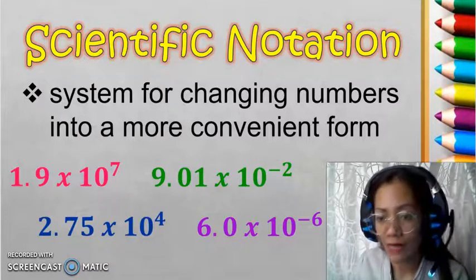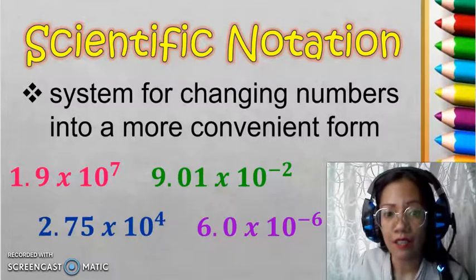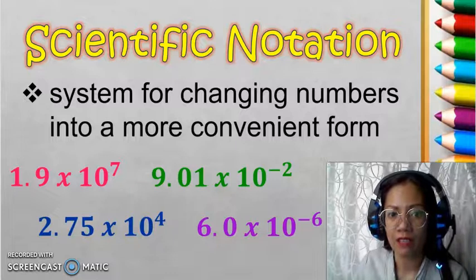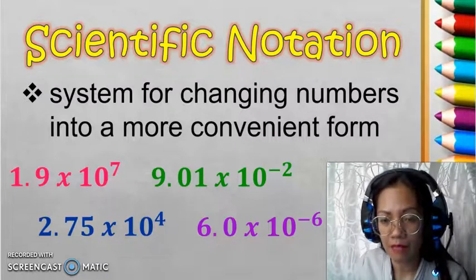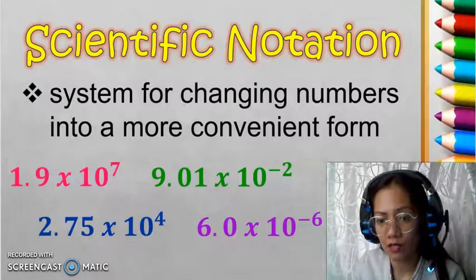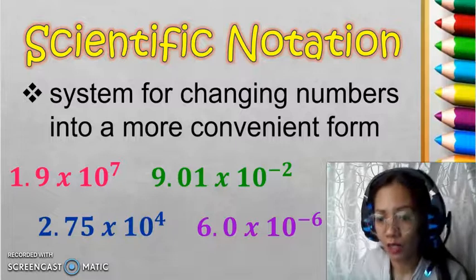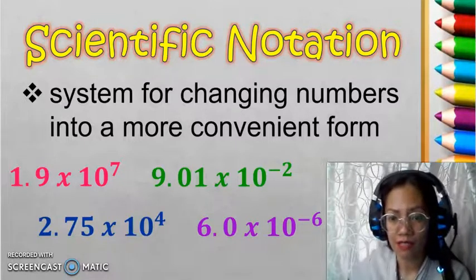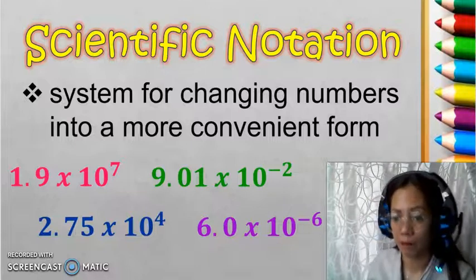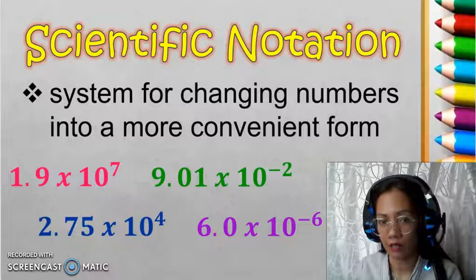These first two examples are very large numbers since, as you can see, the base 10 has positive exponents. Let's have 9.001 times 10 raised to negative 2 and 6.0 times 10 raised to negative 6. These are very small numbers since the exponents of our base 10 are negative numbers. Now, how are we going to rewrite numbers in scientific notation?